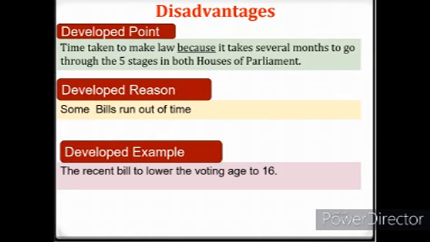Well, this has been tabled in Parliament, but it was never passed, partly because it didn't have support of enough MPs, but partly and mainly because the bill simply ran out of time to go through all those stages.